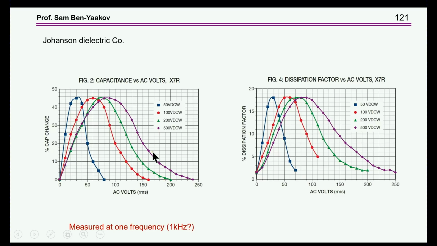This is now under different DC voltages, and this is the curve that they have generated. As I've said, we can generate it ourselves from the information that vendors give by reconstructing the Q curve, and then you can get all this information without any problem.